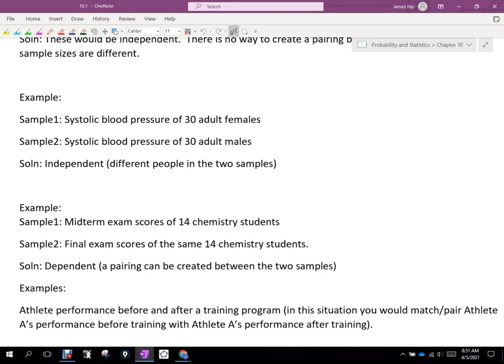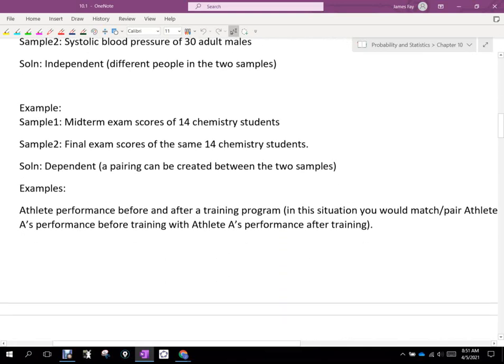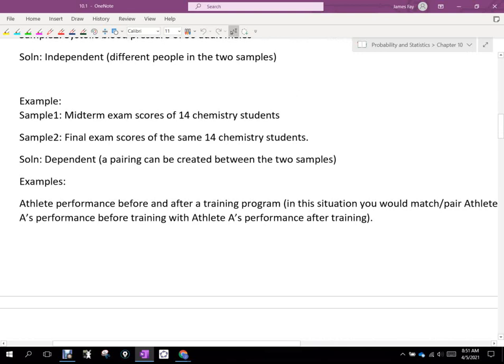But you might see this type of thing when instructors take your data before you ever take a course: they give a pre-test and then a post-test, and if it's done correctly, a lot of times the pre-test has the same questions as the post-test, so that you can standardize the results.